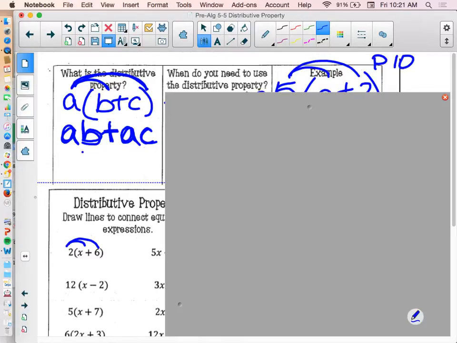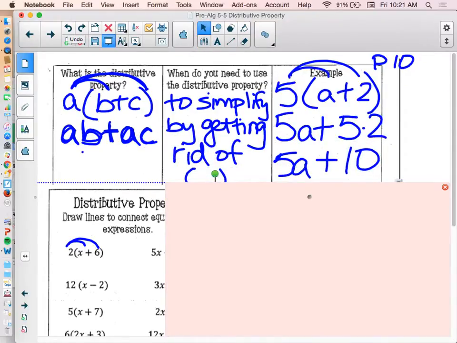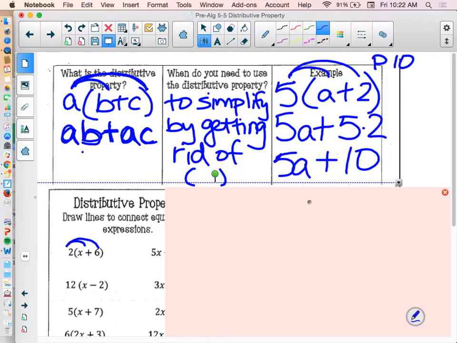When do you need to use the distributive property? Well, it's basically anything you want to simplify by getting rid of the parentheses. So you use the distributive property to simplify, but first you're going to get rid of the parentheses instead of doing what's inside the parentheses first, like we normally did in GEMDAS. So here's another example. 5 times the quantity A plus 2.